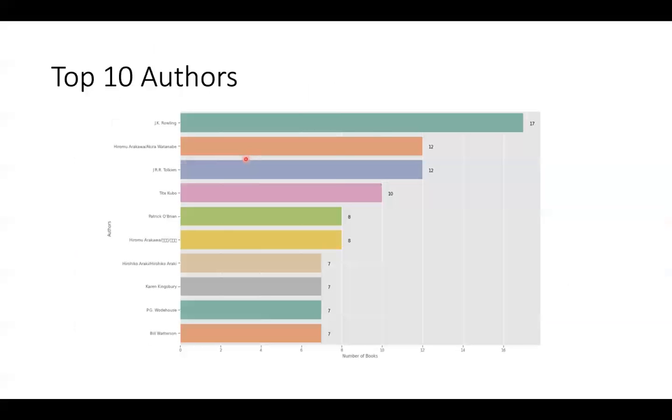Therefore, I further did my investigation by looking at a subsample of the whole population. Here I list the top 10 authors, like J.K. Rowling. She has 17 books that have an average rating beyond 4. Therefore, I subsample the books and check what is going on here.